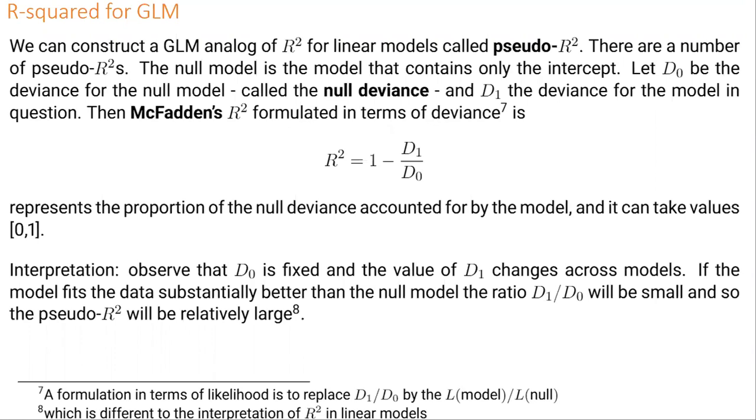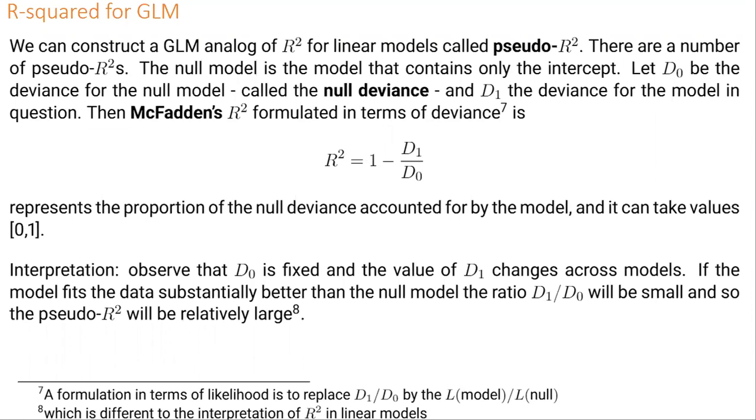But for GLMs, we don't use RSS, we use MLE. So we need some kind of adjustment there. And there are a number of these adjusted R squared, well, wrong word there, pseudo R squareds, okay? Like, it's like having R squared features, or can be used like R squared.